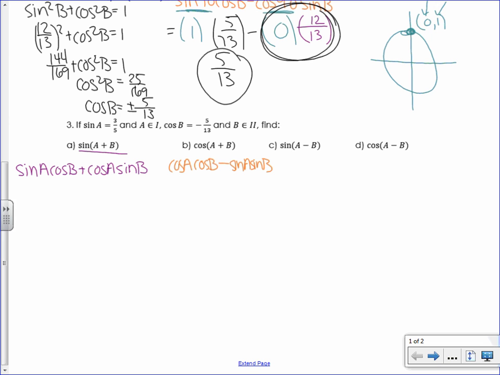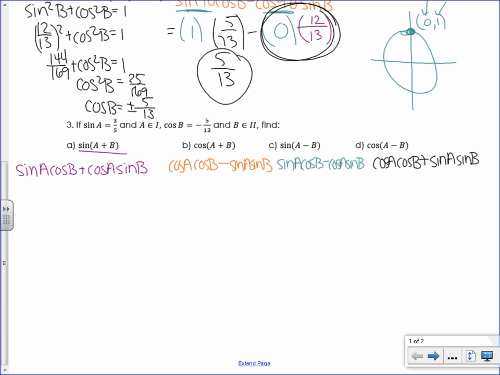Here I'm at sine again, so it's going to be sine, cosine, cosine, sine. All right, it's going to stay a minus. I'm running out of room. And then for cosine, this is where it changes, so it's going to be cosine, cosine, it changes to plus, sine, sine. Okay, so I got that out of the way.